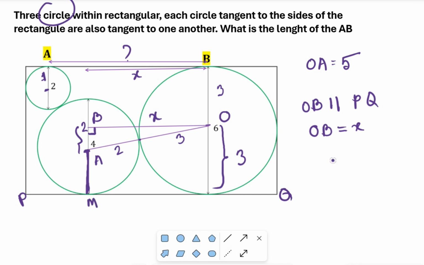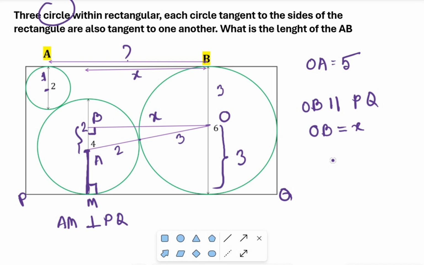So A to M is perpendicular to PQ. Indeed, this is 90 degrees. It means that the perpendicular to the tangent line is the radius of a circle.